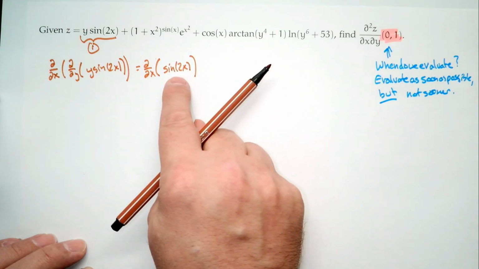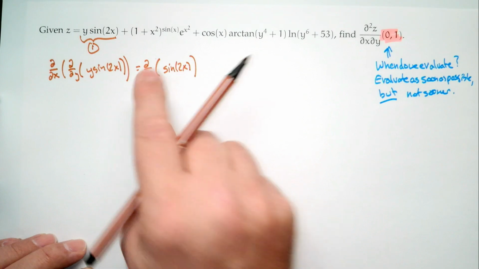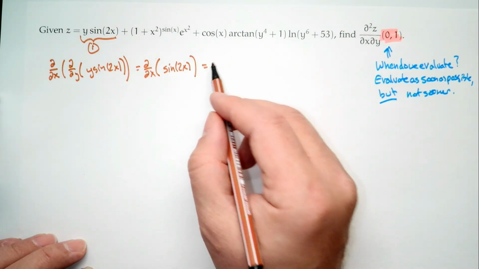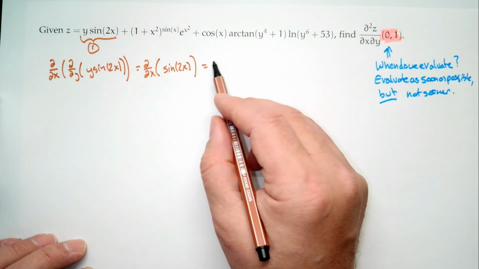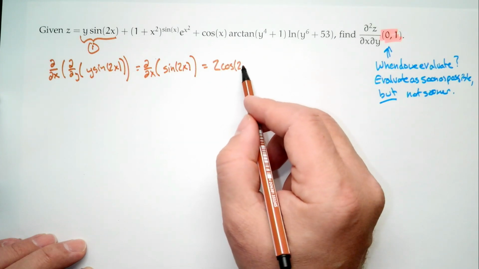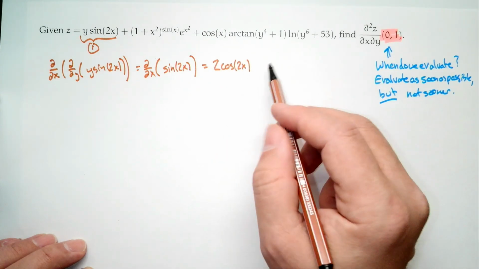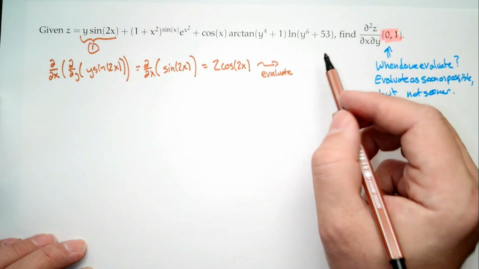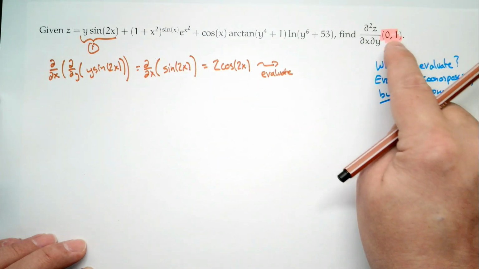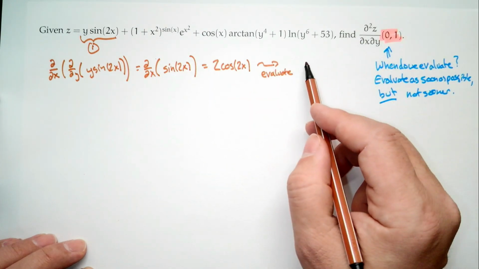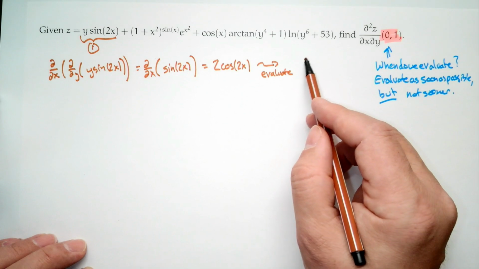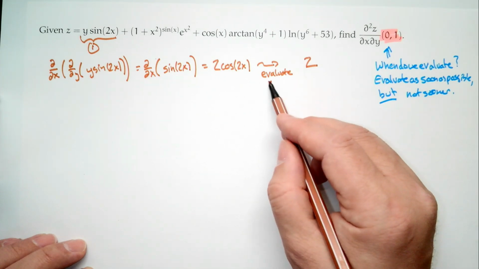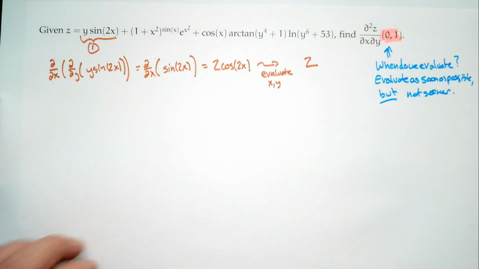Okay, the derivative of sine of 2x with respect to x: 2 cosine of 2x. And now, here, we'll go ahead and evaluate. If we plug in x equals 0, y equals 1, what do we end up with? We end up with 2. So here we're going to evaluate both x and y. Okay, so that was the first one.